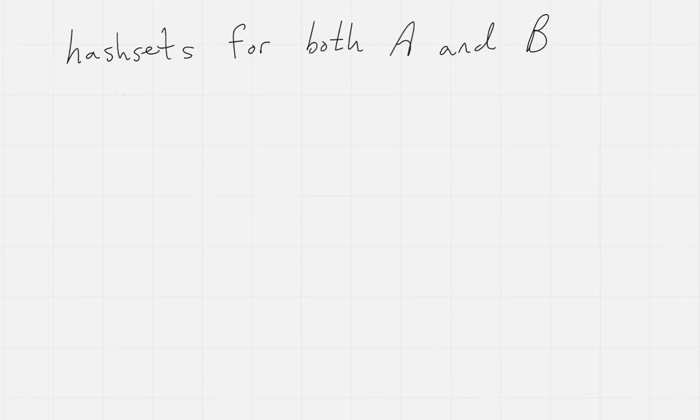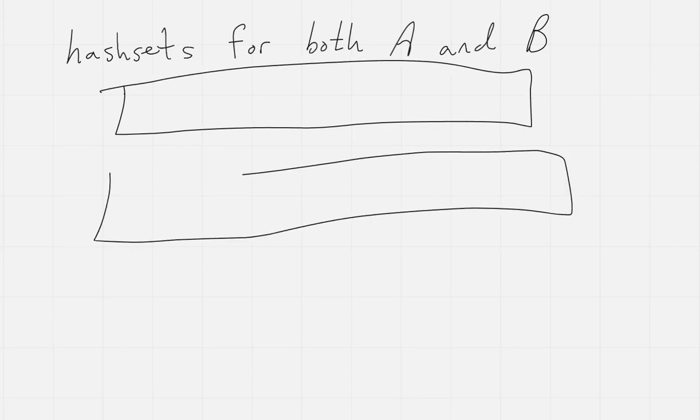We could get hash sets for both A and B, and if you imagine both those, right, A would have 2, 4, B would have 3, 6, and we could do a double loop through our plays here, right?